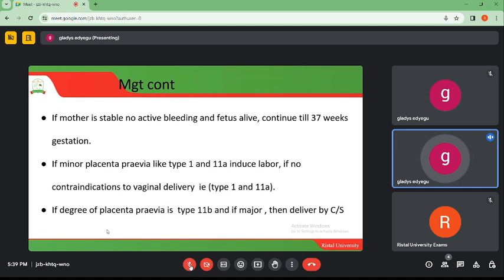If minor placenta previa like type 1 and 2A, induced labor. So if no contraindications to vaginal delivery, that is type 1.